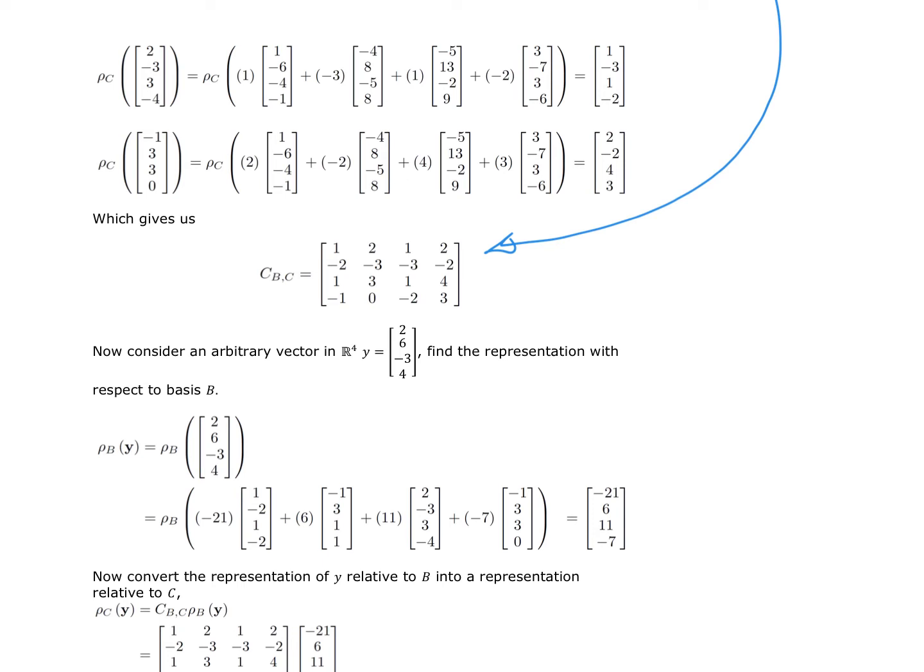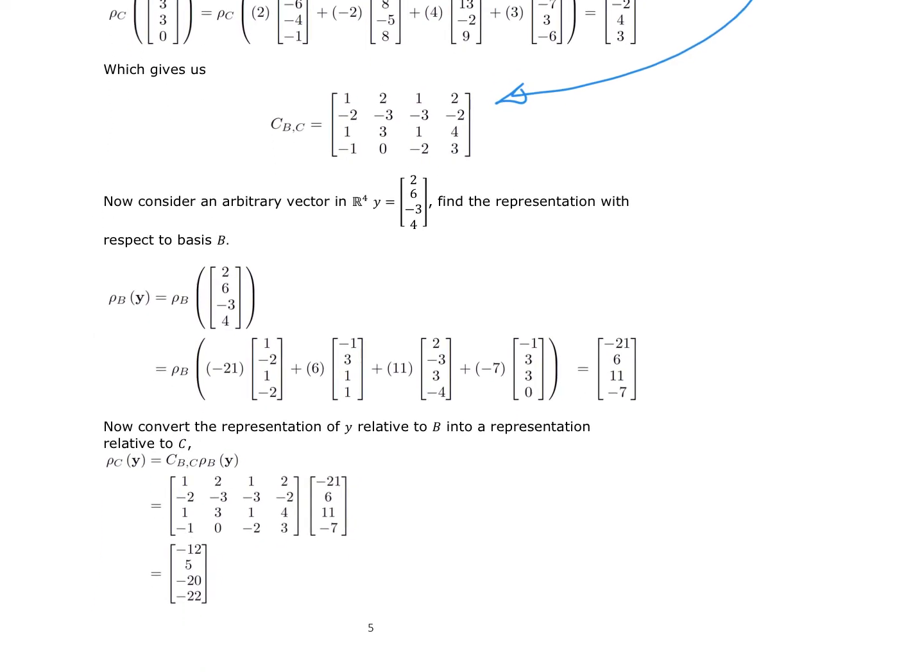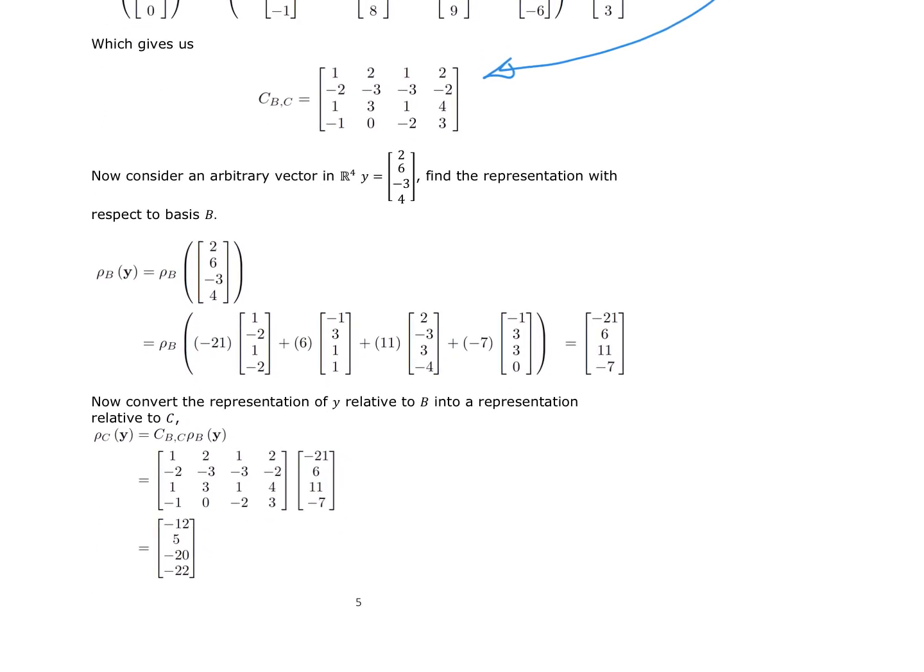Now I want to figure out what an arbitrary vector in R4 would look like with respect to B. So again, I can do this by doing my linear combinations. So this is alpha 1, alpha 2, alpha 3, alpha 4 multiplied by my B1, B2, B3, B4. I set it equal to this, and I got these alphas.